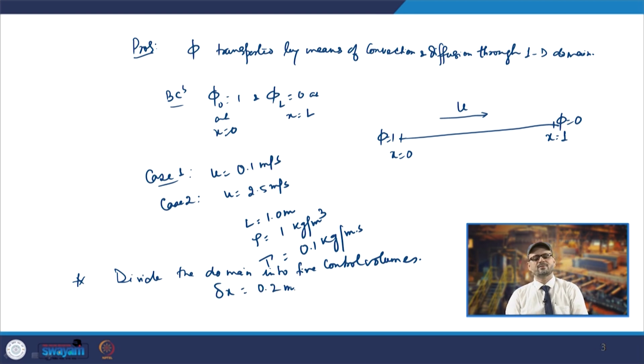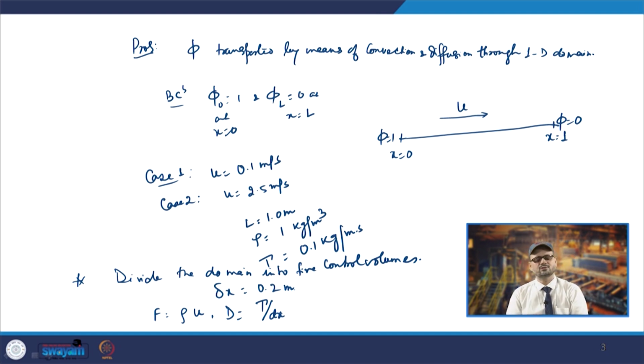Once you have delta x as 0.2 meter, you can calculate other things: F is rho into u, then D will be gamma upon dx.